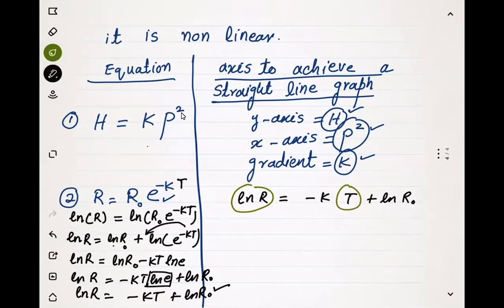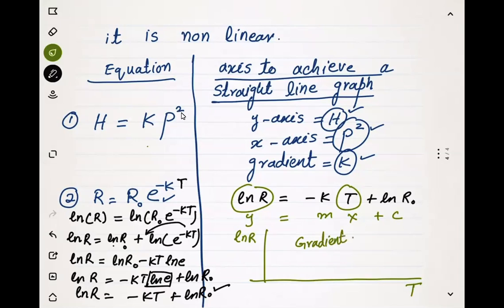The independent variable must be on the x-axis, the dependent variable must be on the y-axis, and when you make a comparison, if you plot a graph of natural log of R against T, it would be a straight line with negative gradient. The gradient will be negative k.